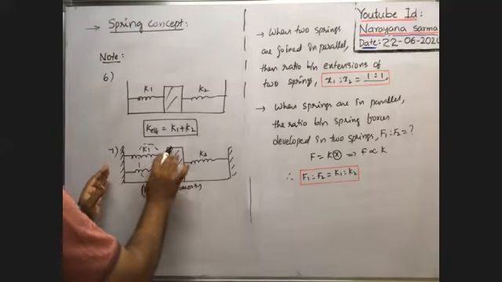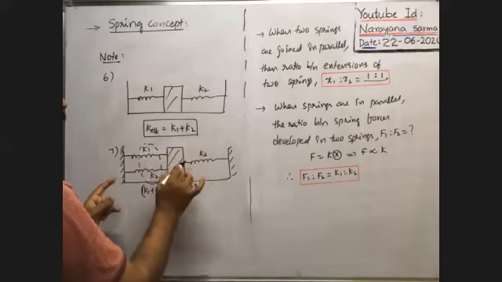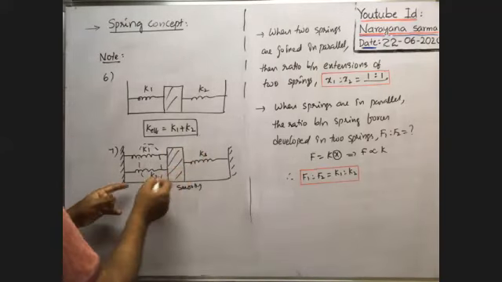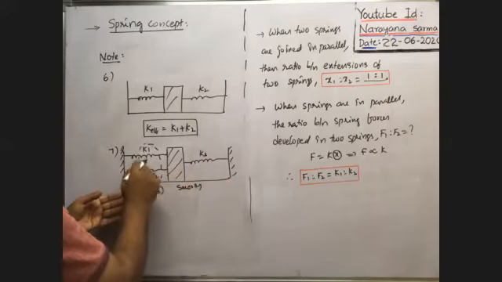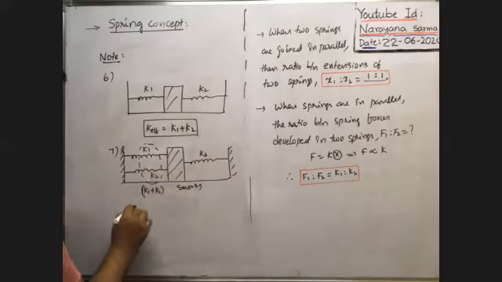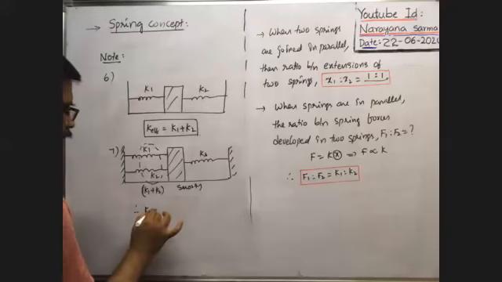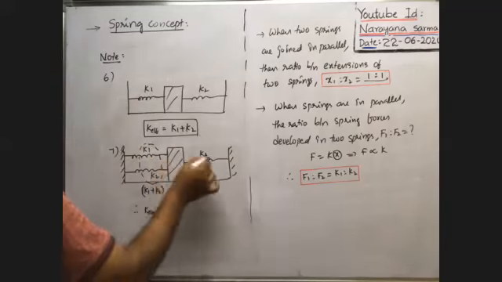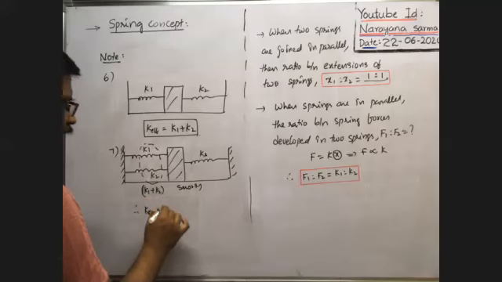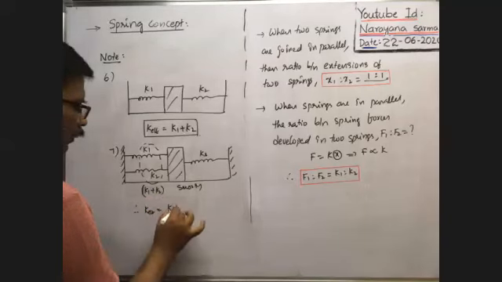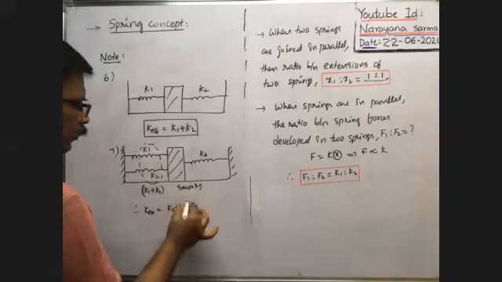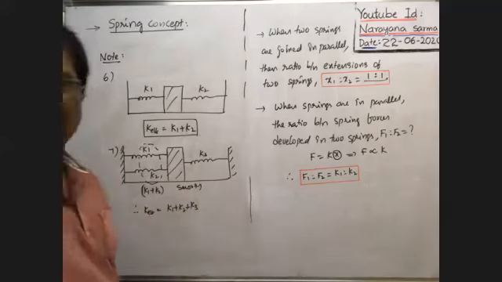Now, whenever it is displaced like this, the compression in this spring and the extension in this effective spring are both the same. That's why these all are parallel now. Therefore, the effective spring constant in this case is the sum of these two. The effective of these two is K1 plus K2, and this one is K3. Okay, very good.